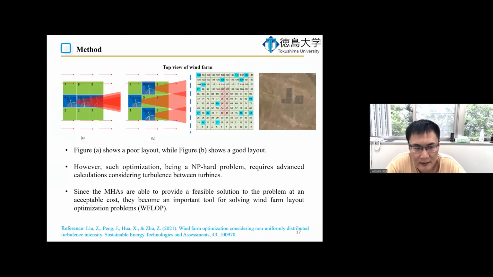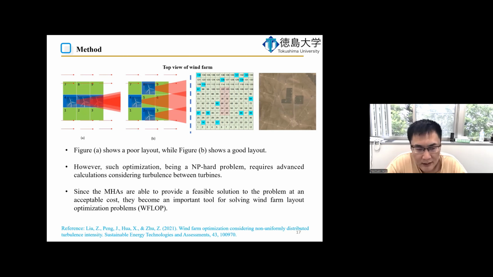Actually, figures A and B are very simple, so we can easily get the best layout like figure B on the right side. But in the real-world optimization problem, in a large-scale wind farm, the problem becomes very complex, especially when the wind direction is from everywhere.